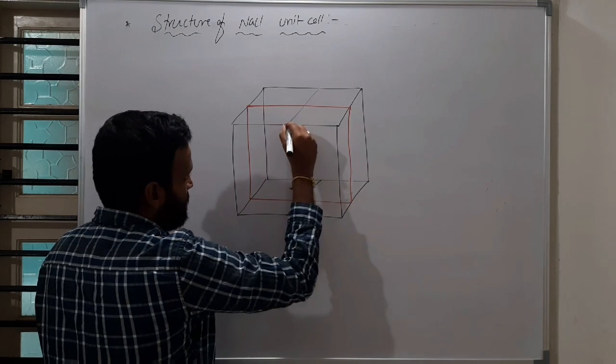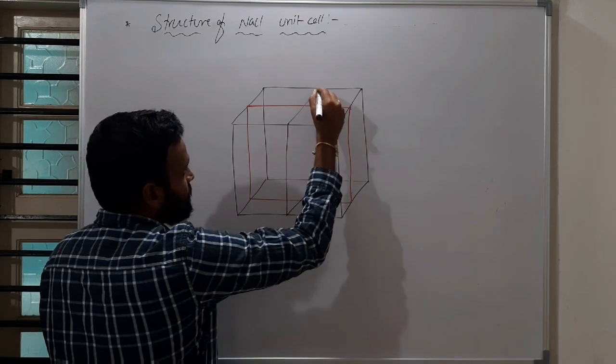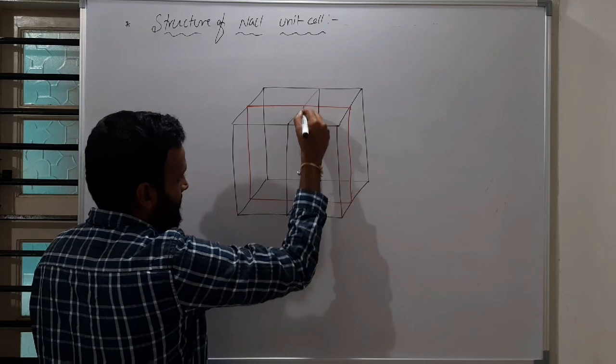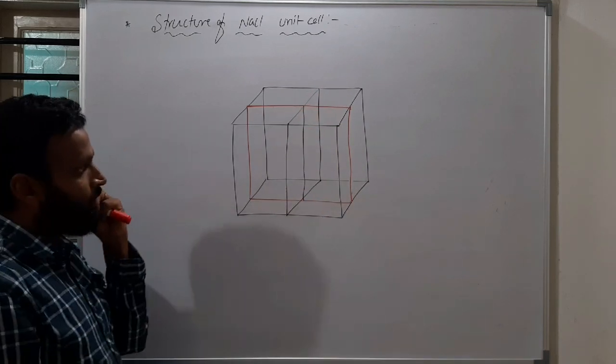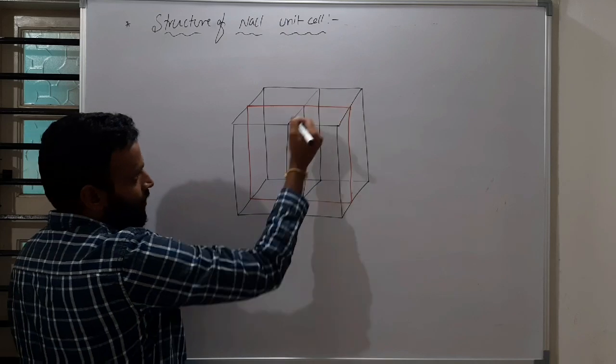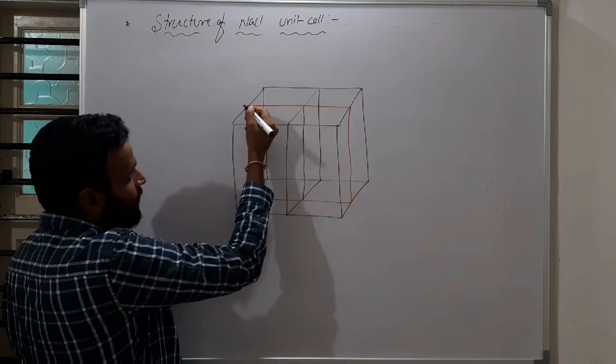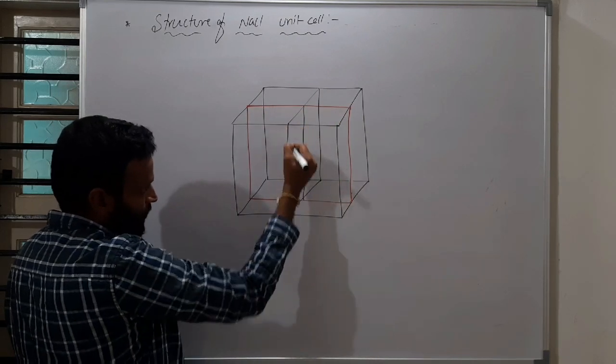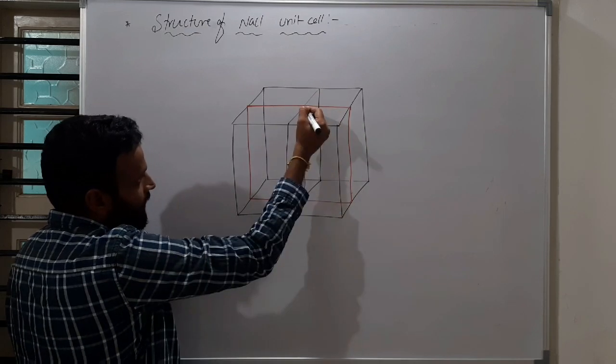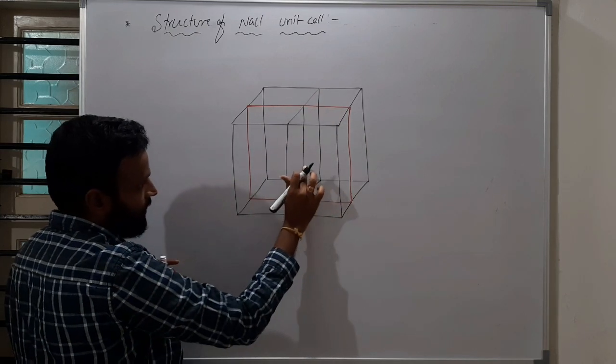Combine these two. You have to combine those diagonal edges and draw the middle line like that.